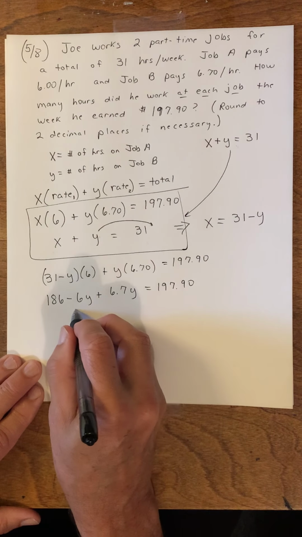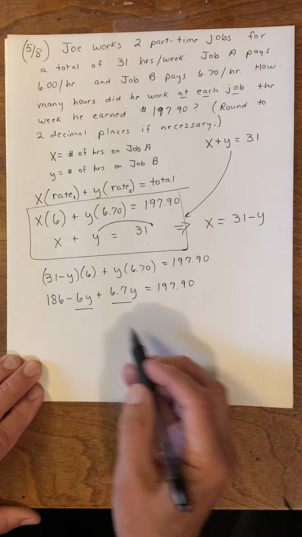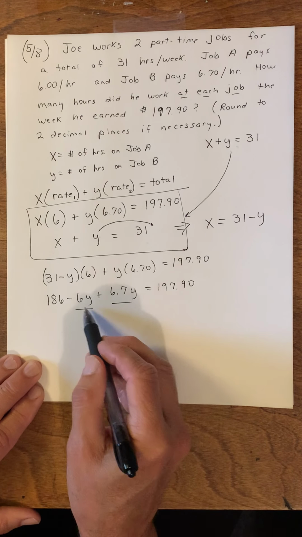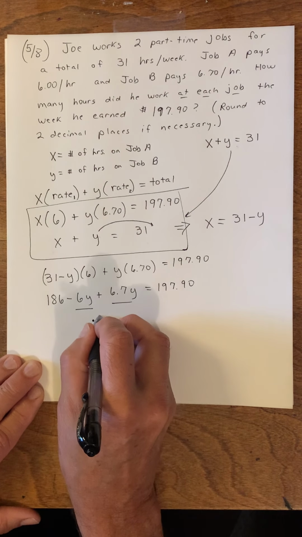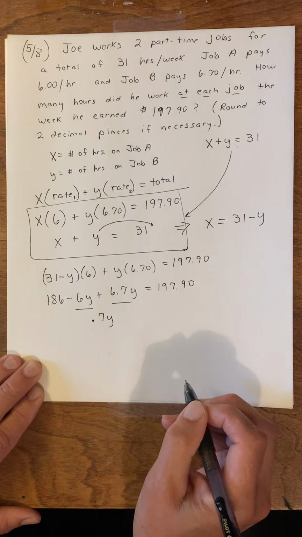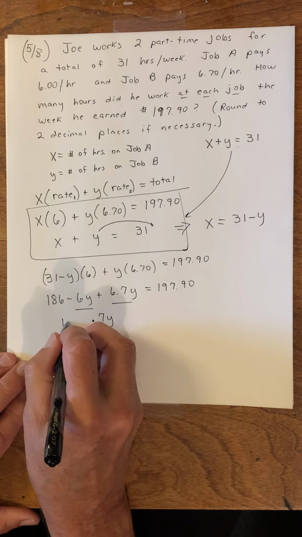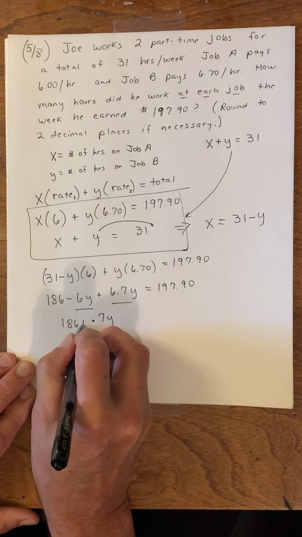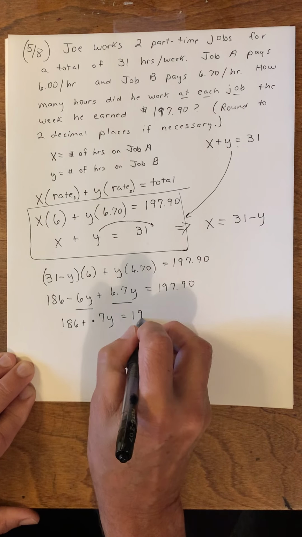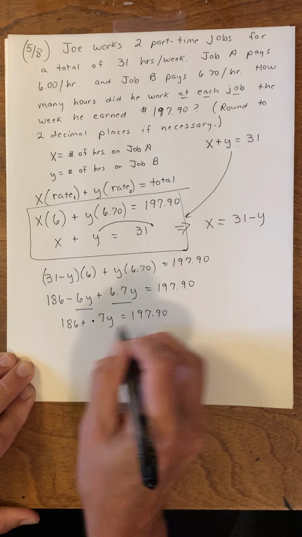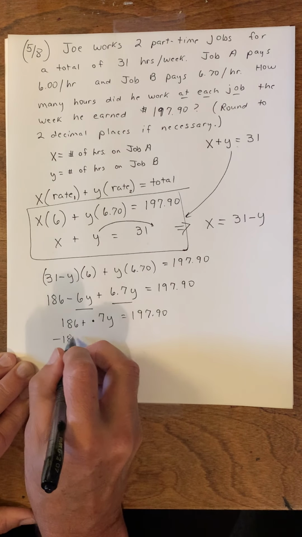Okay, I got some like terms. 6.7y minus 6y is 0.7y. I think I'll subtract 186 from both sides.